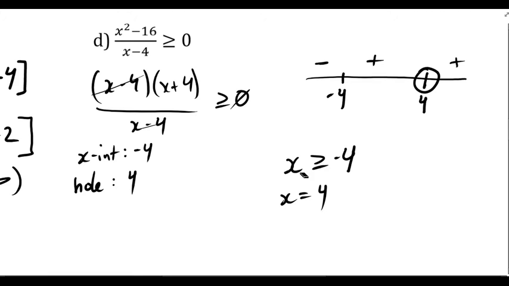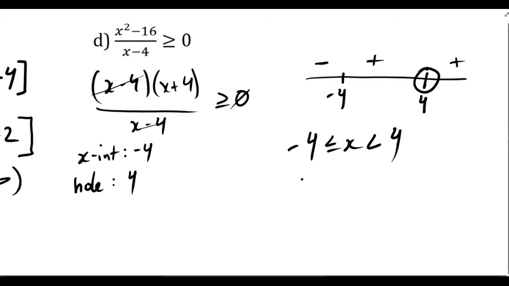So actually, I'm going to rewrite that. So from negative 4 is less than or equal to x is less than 4, and then x greater than 4. That's the better way to show that it doesn't include 4. Because it doesn't exist at 4. We can't just ignore that. We include that in our answer.